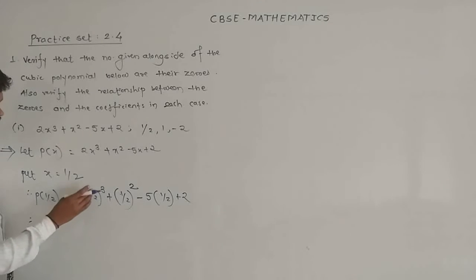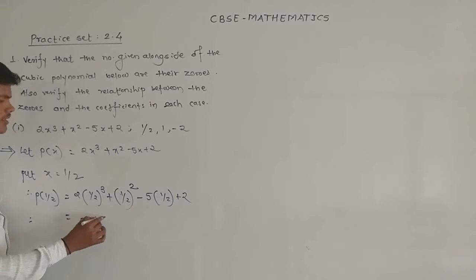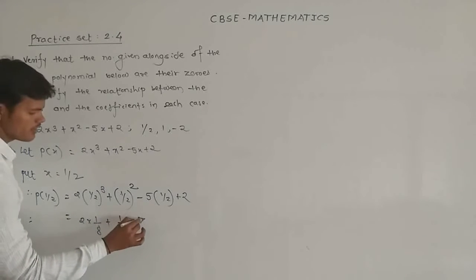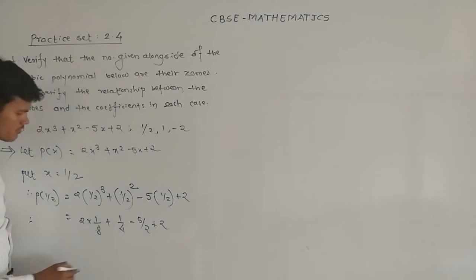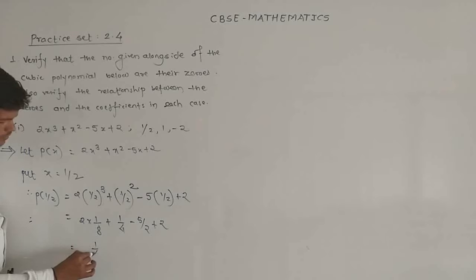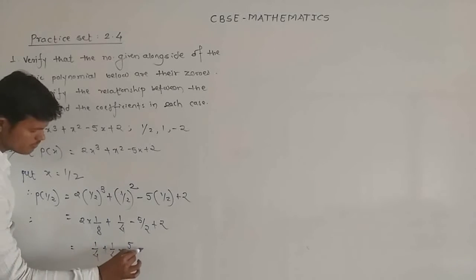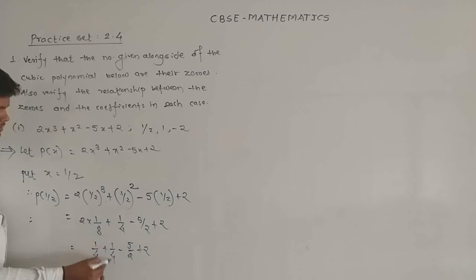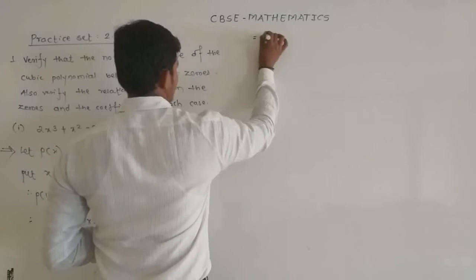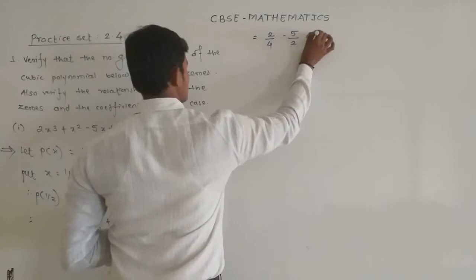Cube of 1 by 2 is nothing but 1 by 8, plus square of 1 by 2 is 1 by 4, minus 5 upon 2 plus 2. After simplifying we get 1 by 4 plus 1 by 4, that is 2 by 4, minus 5 by 2 plus 2.